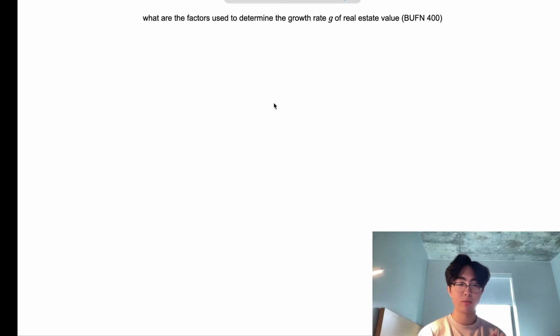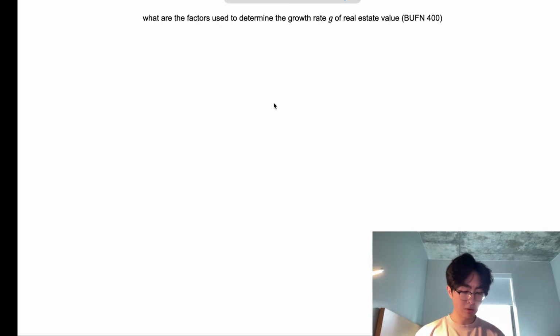So when we think about the growth in real estate value, there's a few factors that go into this variable G. That's going to be the increase in the housing price, so just an overall increase in the value. It's going to include the reinvestments that are made into the property itself. So this could be maybe a new appliance or maybe a completely new garage, new basement, or a new part of the home or property.